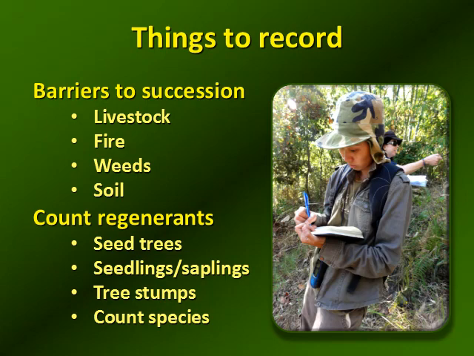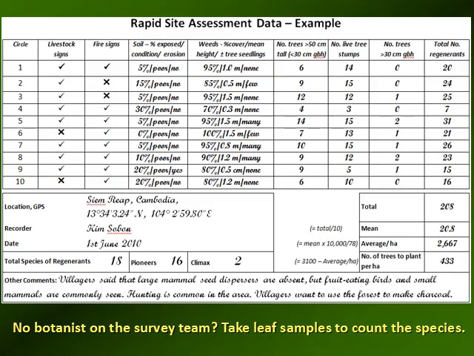So you're looking for the number of seed trees. These are large trees, more than 30 centimeters in girth. Seedlings or saplings, which we have a cutoff limit of 50 centimeters tall. Anything 50 centimeters or taller is counted. Tree stumps with coppicing, which I mentioned earlier. And then we also try to count the species, the numbers of different species.